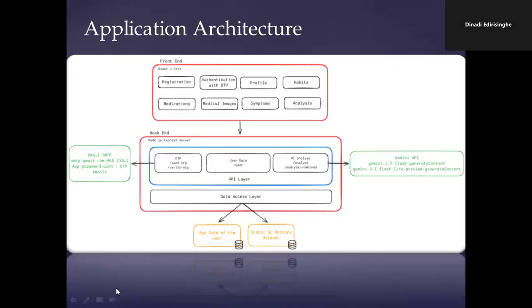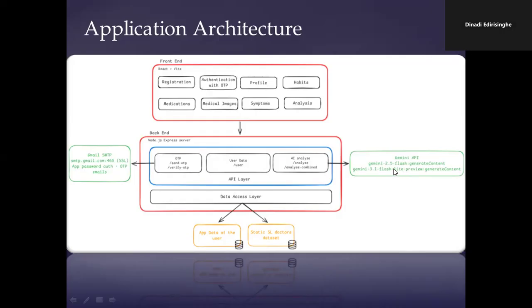So this is the application architecture. In the front end, I have registration, authentication with OTP, profile, habits, medications, medical images, symptoms, and analysis. In the back end, this is the API layer. As the AI analyzer, I am using the Gemini API.